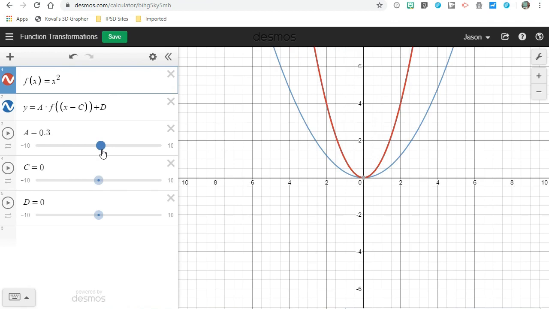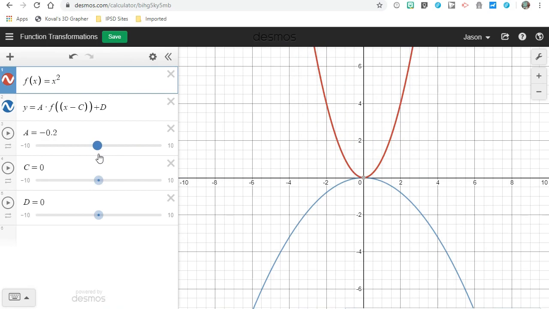Essentially what's happening is it's changing my quote unquote slope, so to speak. I know that x squared doesn't have a slope, but it's changing my rate of change. It's making y change faster when I increase A. It's making y change slower when I decrease it.